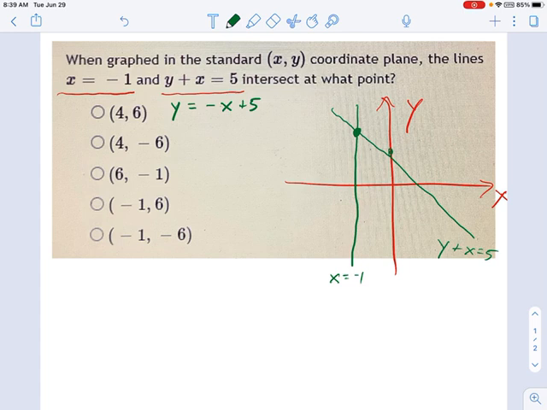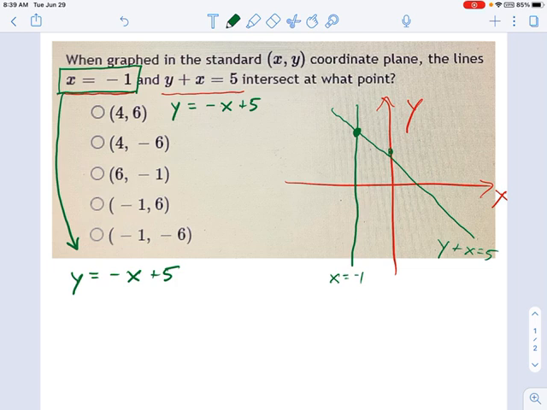So we set the equations equal to each other. And the way we do that is we take this first equation right here. See, it says x equals -1. Well, all we need to do is evaluate the second equation at x equals -1. So if y equals -x plus 5, I'm going to put -1 into that.